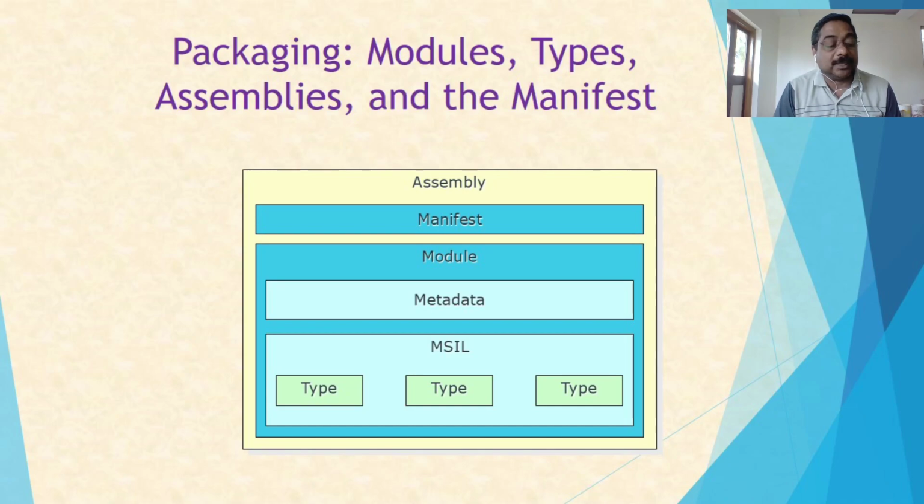A shared assembly is one that can be referenced by more than one application. So if multiple applications need to access an assembly, we should add the assembly to the global assembly cache. So this is about the assembly, manifest and metadata.